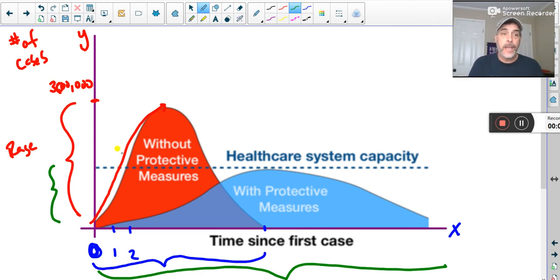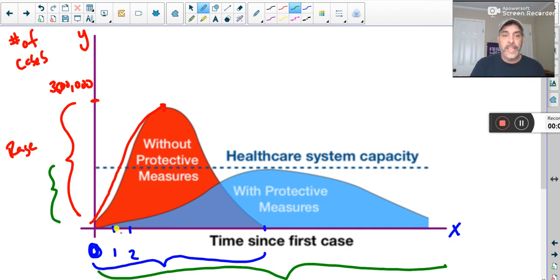And if we can keep that range smaller, then we don't overwhelm the healthcare system. So this is the number of people that hospitals can actually treat with those ventilators, that they can use their personal protective equipment, their PPEs, like those N95 masks we've been hearing about, in supply, that we're not running out of supplies.